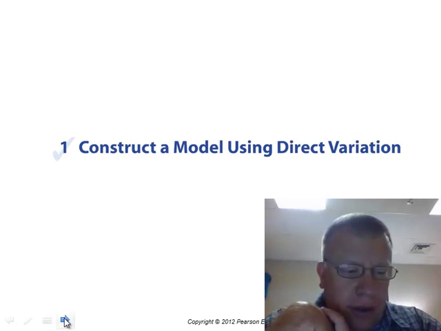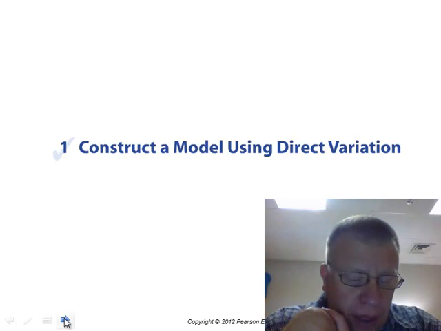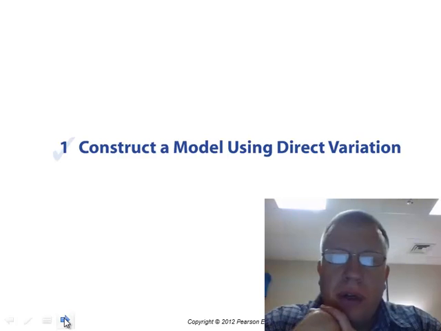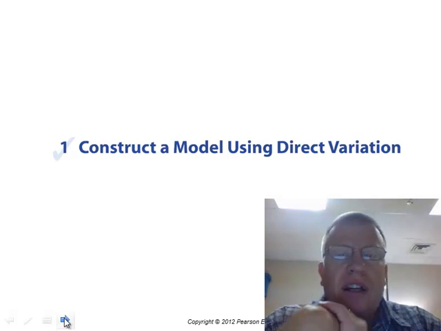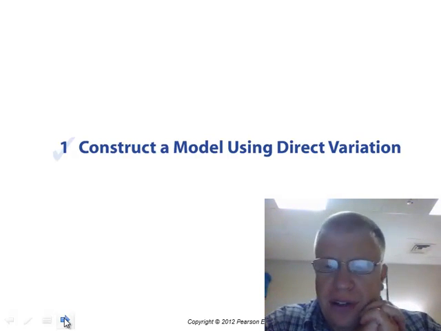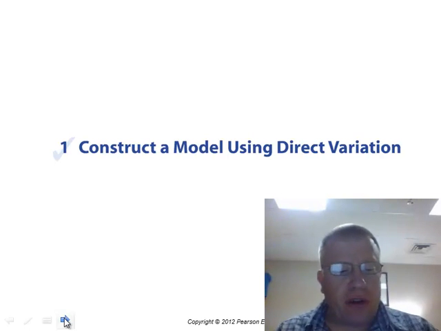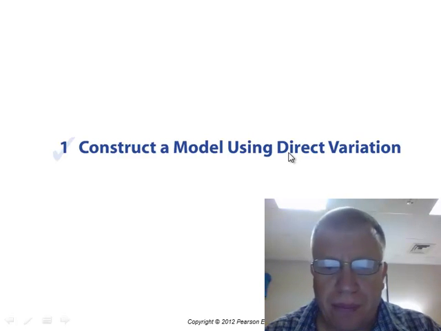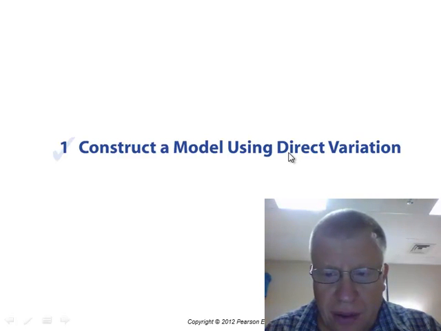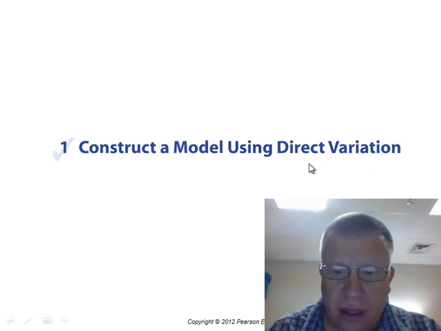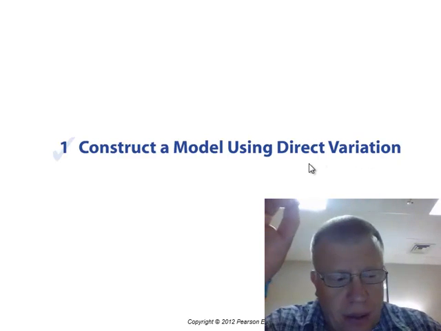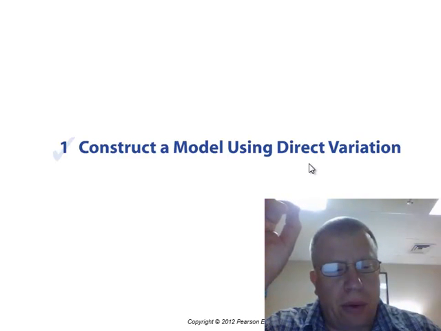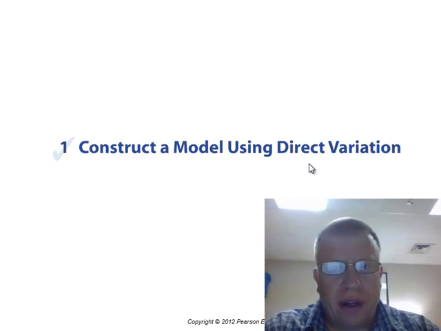Now, there are going to be a handful of special relationships that we're talking about when we're talking about variation. The first special relationship that we're going to talk about is probably the most simple, and that is direct variation. Direct, meaning how one variable varies directly with another variable.